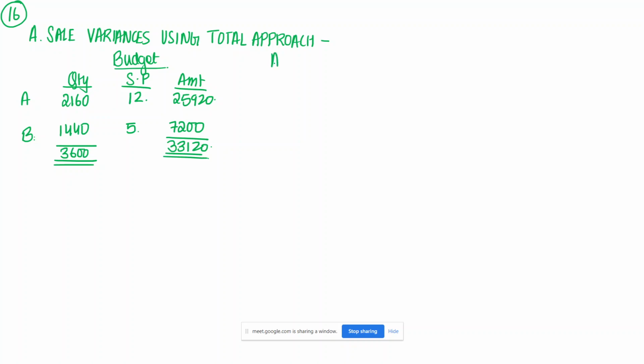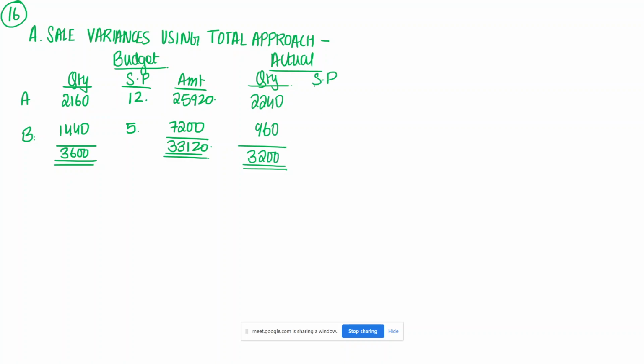Now actuals. So you were planning to have a sale of 2160 and 1440, but you actually had a sale of 2240 and 960. Total 3200.